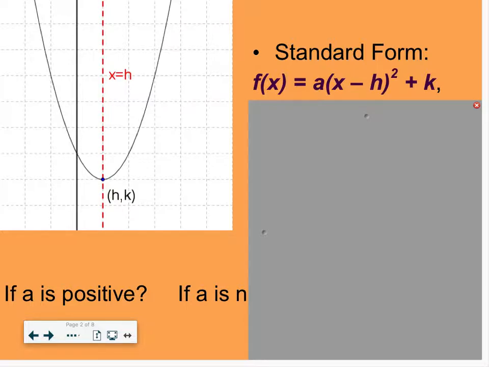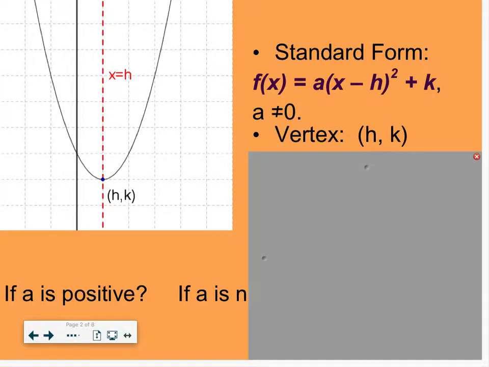Now, I think in Algebra 2, you knew this as vertex form. Why would this be called vertex form? Max? Because you can just look at it and see where the vertex is. When you look at this, where's the vertex? At (h, k). Okay, our vertex is at (h, k).